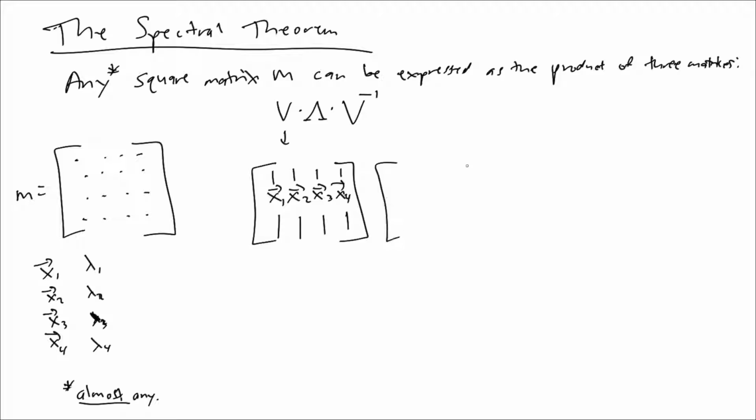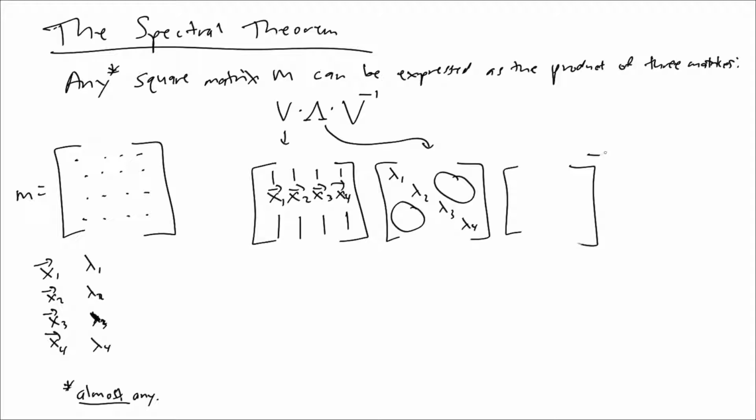Now, what is capital lambda? The reason we use the letter lambda for this is because this is a diagonal matrix which has the eigenvalues. So all these are zeros up here, all these are zeros down here. And then this, of course, is just the inverse of V, right? We use the same letter V, and that's because these are the same matrix.